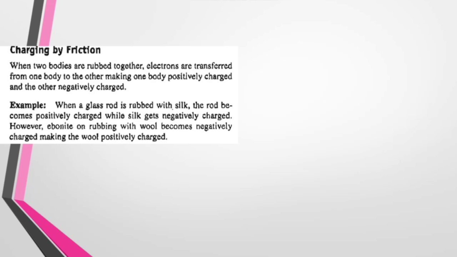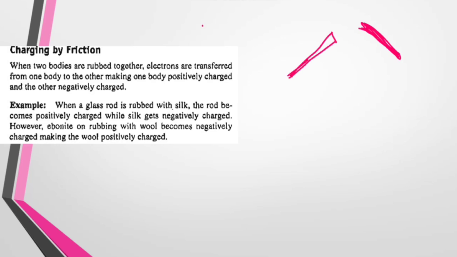So when I rub an ebonite rod with wool, I make it negatively charged. Wool becomes the positively charged body, and the charge transfers from wool to the ebonite rod, and the ebonite rod becomes negatively charged. How can I explain this? Suppose this is your small piece of wool and this is your ebonite rod.